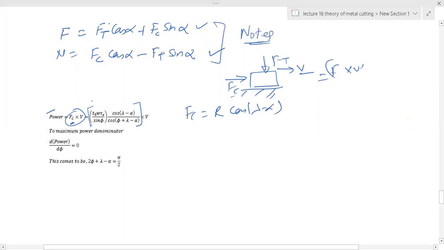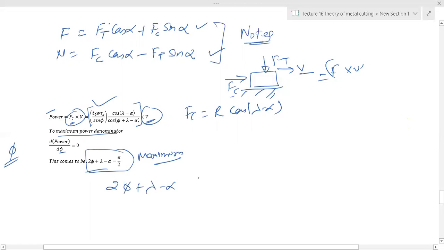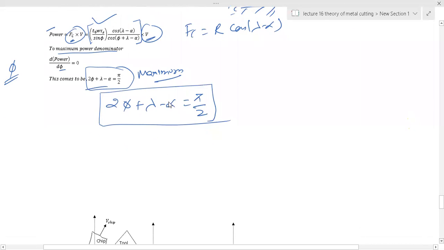From this you get the power, and this is the velocity. Then we have to find the angle for maximum power. This is the relation for maximum power: lambda minus alpha is equal to pi by 2. When sufficient data is not given, we will use this condition. That is the maximum power condition. This angle corresponds to maximum power, d power by d phi equal to 0.